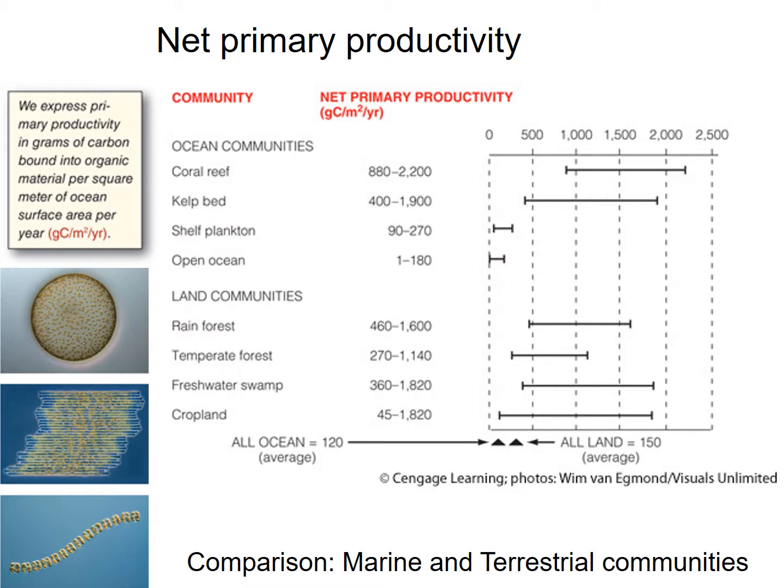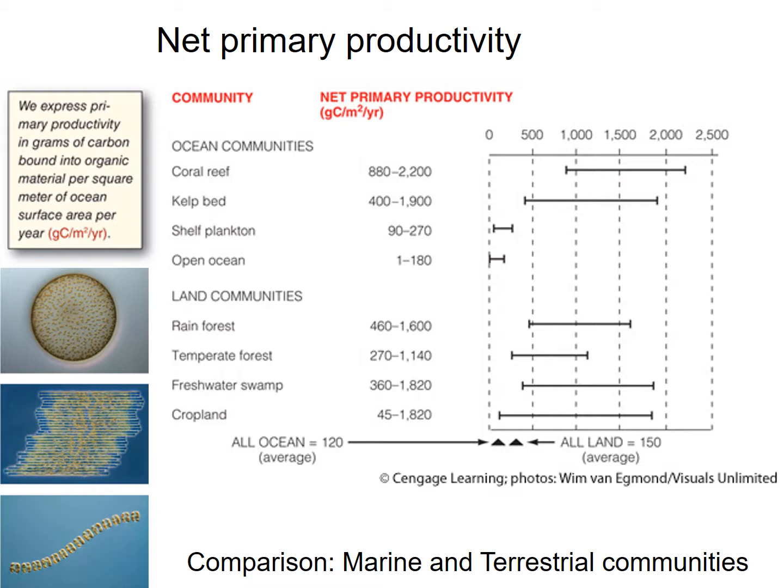Open ocean is very little because most of the nutrients are closer to the shore. And then from land communities, rainforest and temperate forests, freshwater swamps and cropland also have a high net primary productivity, but coral reefs are the most productive.